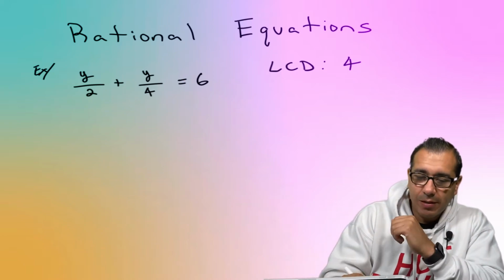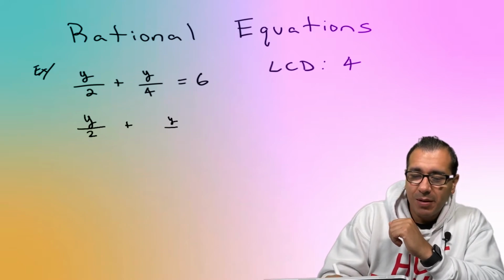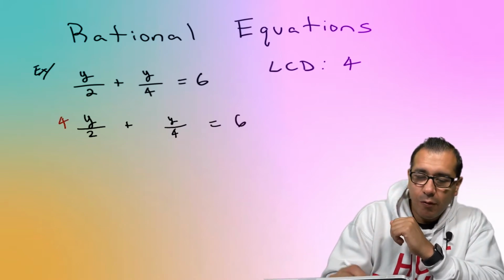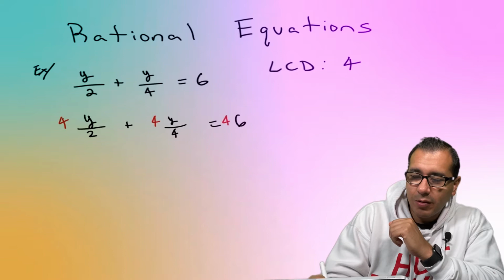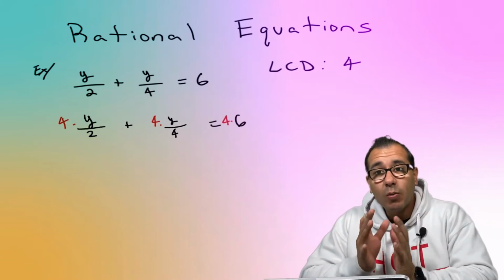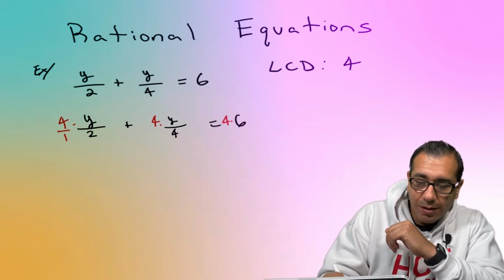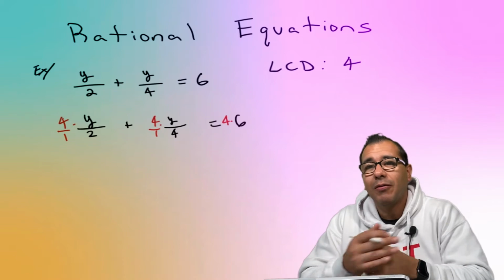So let's copy this down again. I'm going to leave myself some space because I'm going to multiply each one of these by 4. So you get a 4, and a 4, and a 4. Everything is going to get multiplied by 4. You could write it like this, or if some of you prefer to write it over 1 in front of your fractions, that's absolutely fine.